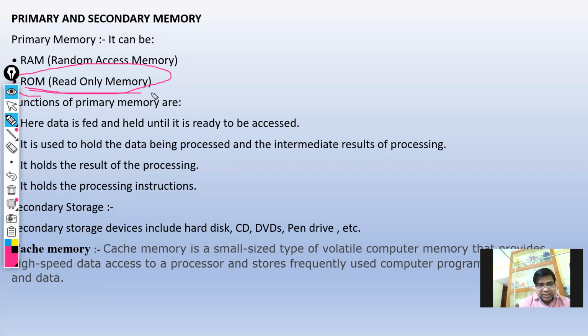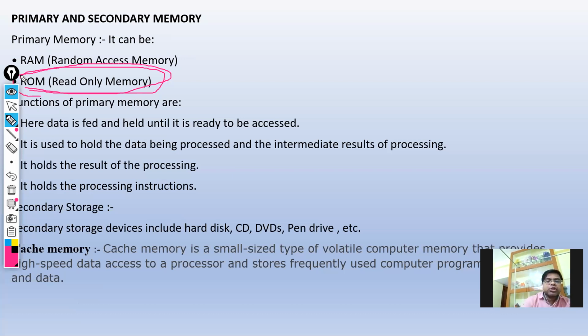Now, the next part is ROM, that is read-only memory. It is the part of the computer's main memory. It is used to store the instructions provided by the manufacturer to check basic hardware and to load the operating system from the appropriate storage device.